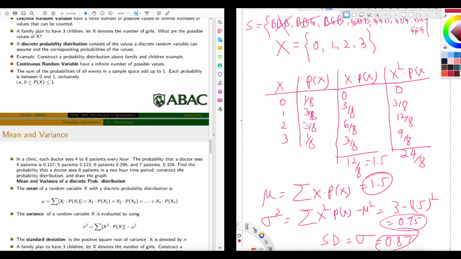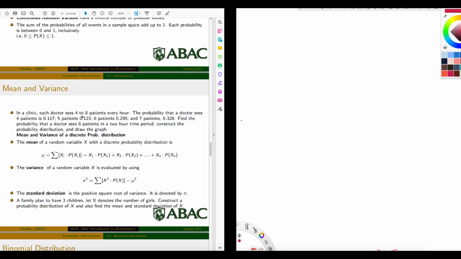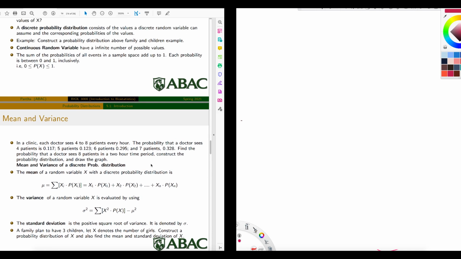This example says that in a clinic, each doctor sees 4 to 8 patients every hour. By the way, one thing I forgot to mention is that a continuous random variable has an infinite number of values, because you cannot list them like a discrete random variable. And the sum of the probabilities of events in a sample space is always 1.